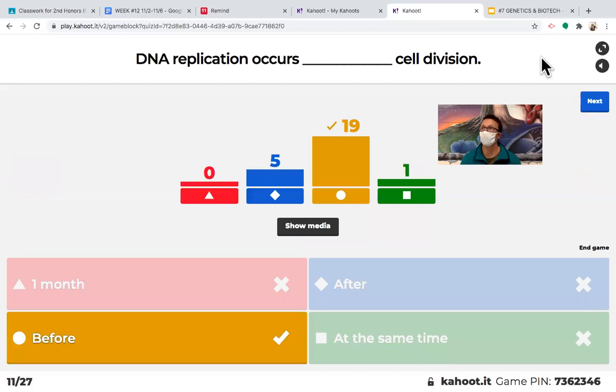Yes, excellent. That'll be before. I don't care what kind of cell division this little cell is going to experience, whether it's binary fission, mitosis, or meiosis. We must make sure that we've got plenty of DNA to work with. So DNA replication must occur before cell division. If not, we're going to have some serious problems because the resulting cells are going to have not enough DNA.